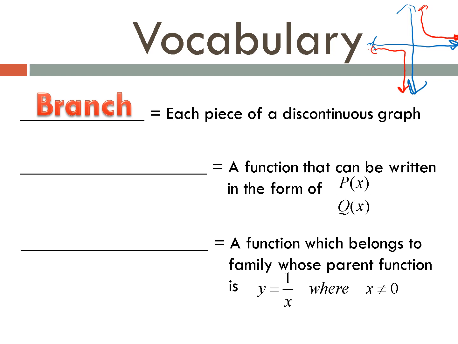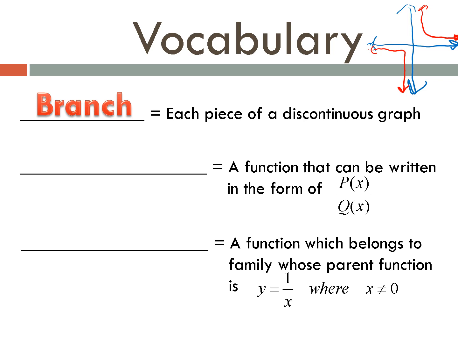You'll notice that there are two separate pieces of the reciprocal function. Well, those two separate pieces, those are each called a branch. So we're looking at two branches of the reciprocal function. So a branch is each piece, each curve.